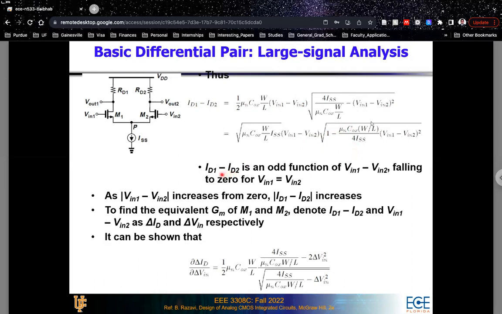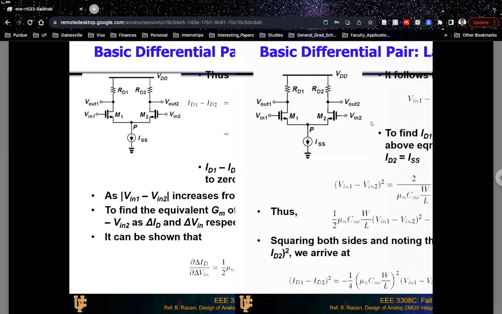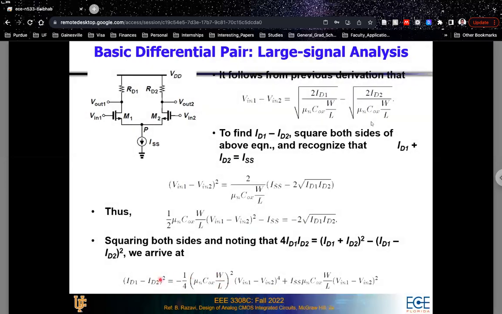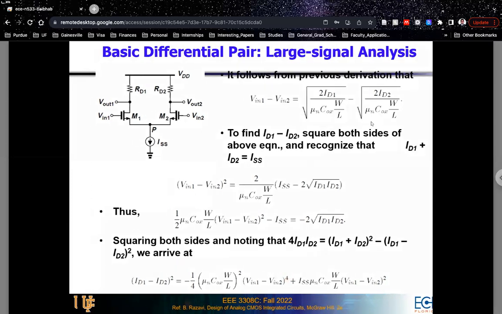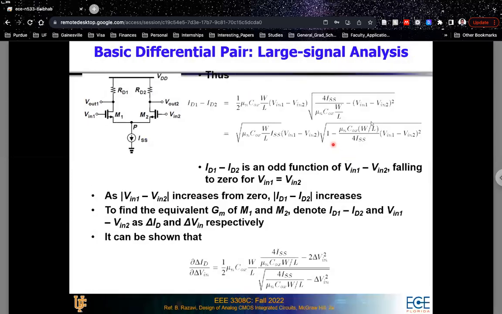You notice that your ID1 minus ID2 is an odd function of V1 minus V2, because if you go back to the previous slide, you have your V1 minus V2 in a square term here, and V1 minus V2 to the power of 4 over here. So as you take a square root, you'll still end up with a term over here as well as a term over here.